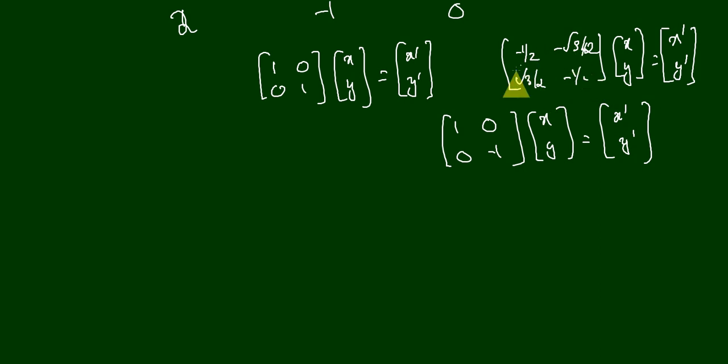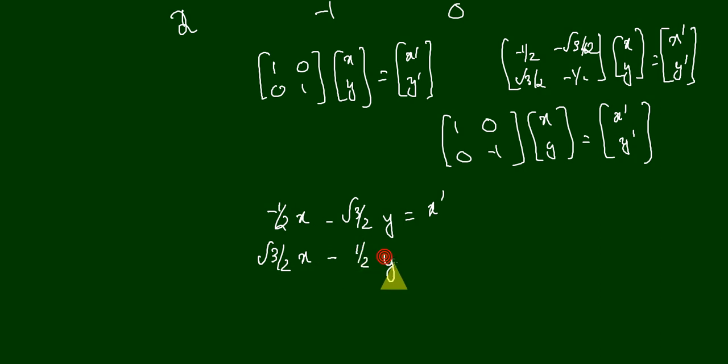Therefore, this matrix can be written in equation form as minus half x minus root 3 by 2 y is equal to x dash, and root 3 by 2 x minus half y is equal to y dash.